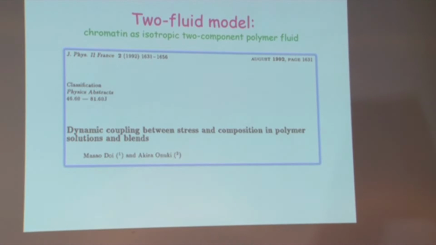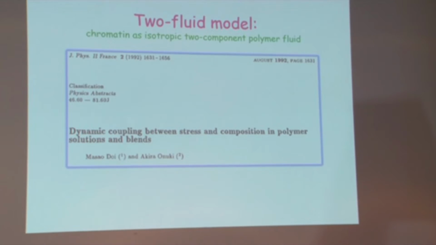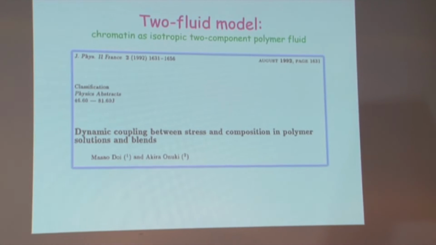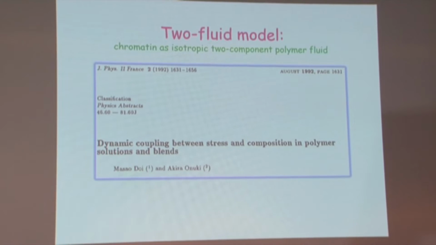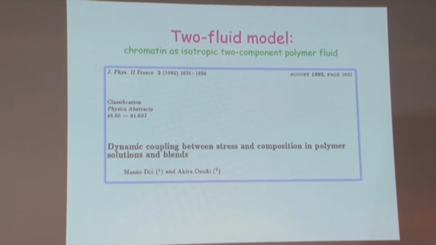I will continue along the lines of linear response, and I will look at chromatin as a two-fluid object. So two fluids means there is chromatin itself and there is solvent.